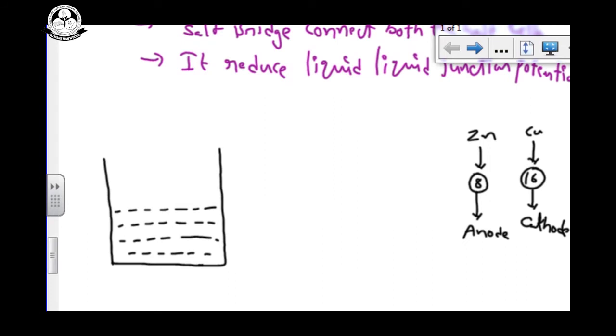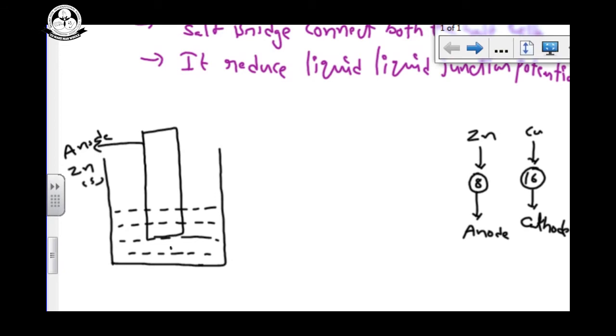Both anode operation and cathode operation we generally know. Now see, we always consider the left hand side as the anode. This is the anode, and it is generally taken as zinc. It is solid.